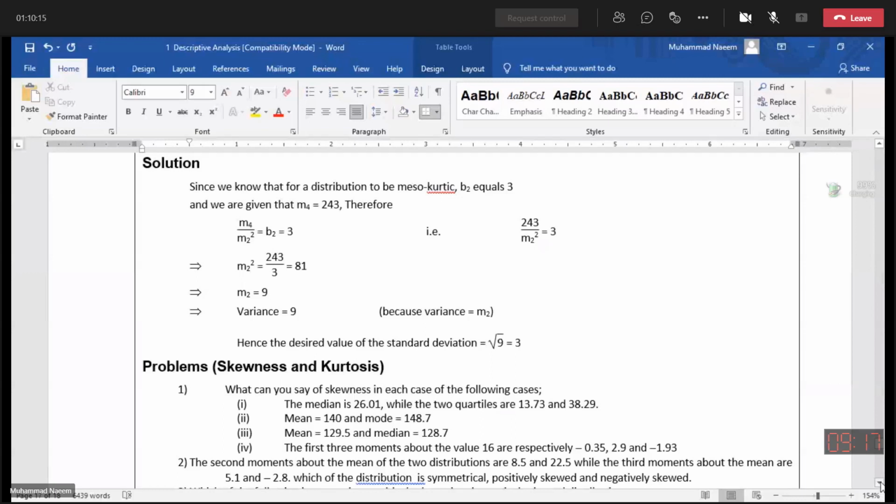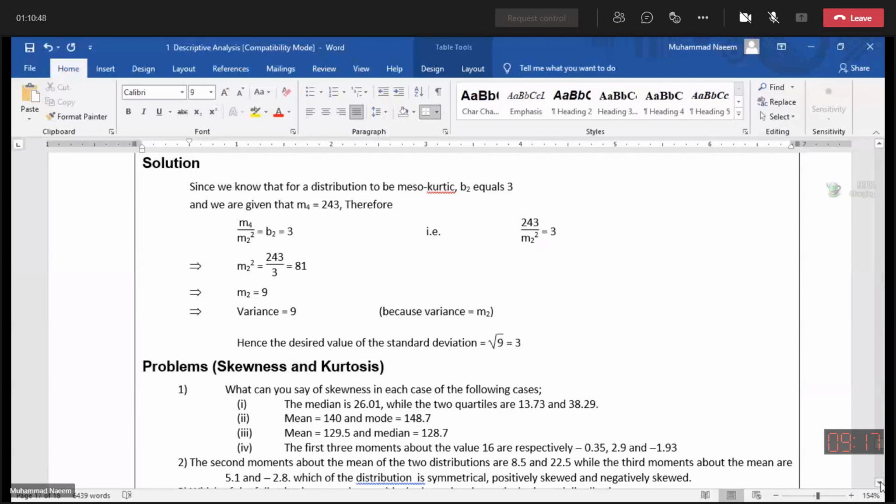Also, we have another exercise. Quantiles are given. Median and 2 quartiles, means median is also a quartile. This one is Q1 and this one is Q3. So using the quartile formula, find the skewness.